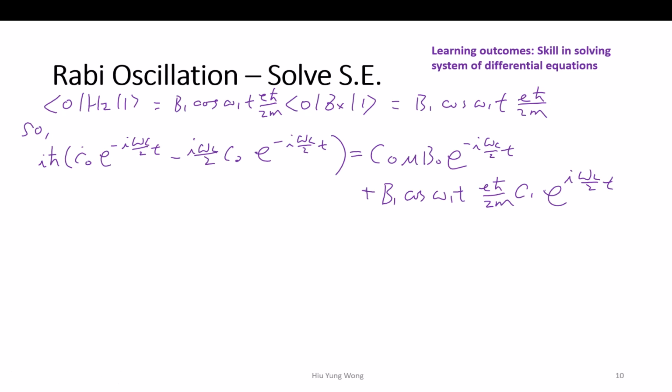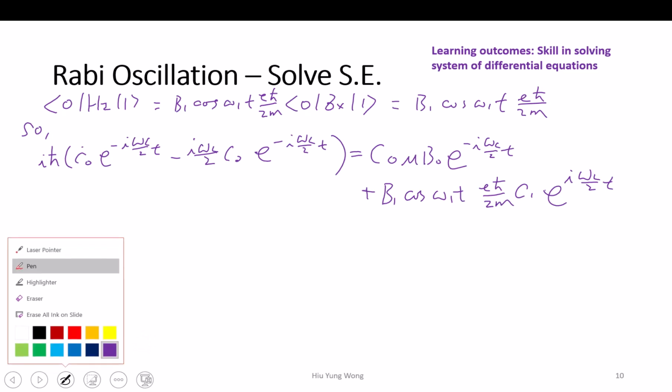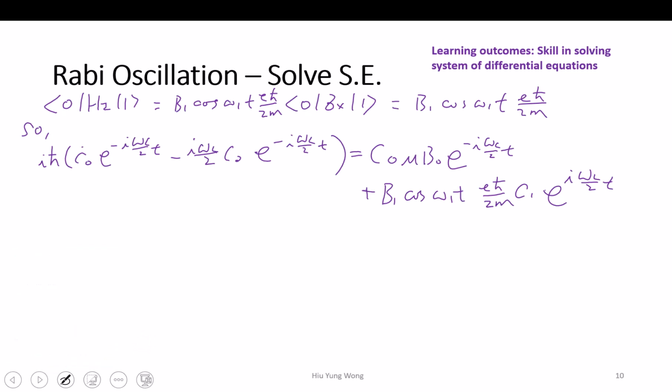Let me check if that's correct. Okay. Now, just to remind you, this one is due to the H0, and this one is proportional to the coupling H1, so they are coupling between these two basis states.